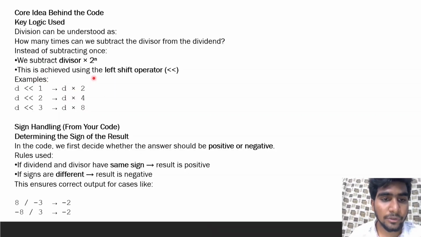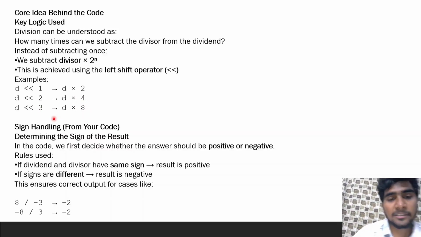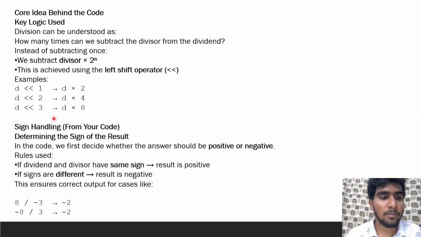This is achieved using the left shift operator. For example, d left shift 1 is exactly equal to d into 2. If I do d left shift 2, then it is exactly equal to d into 4. By using this trick, we solve this problem.